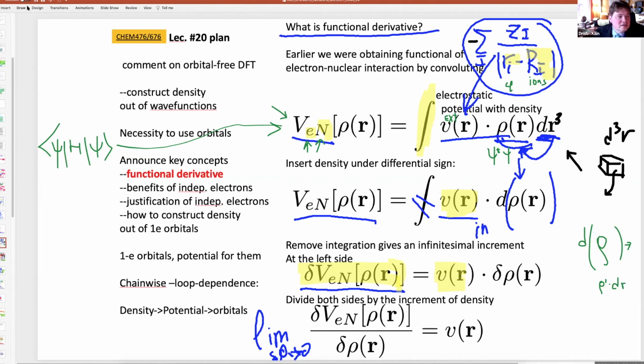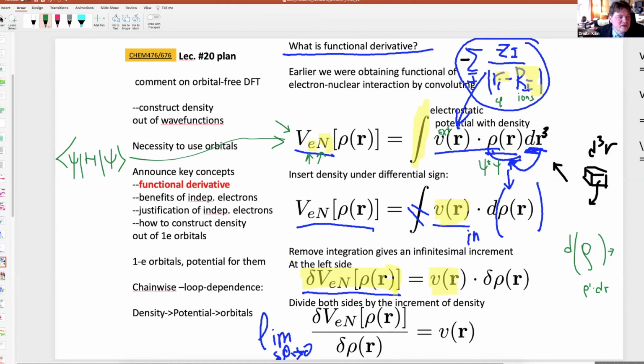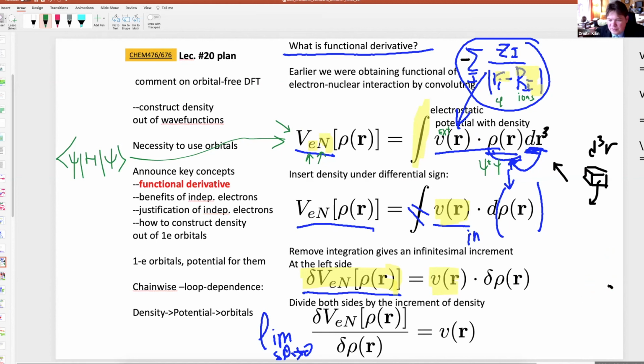Here I want to bring up a new view on this product. The meaning of density times element of volume can be interpreted as an increment of density.